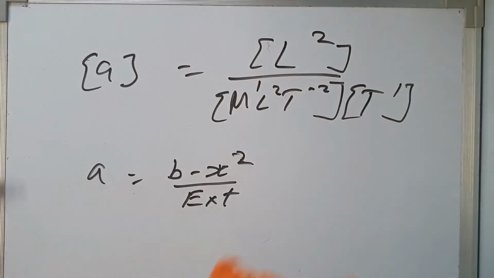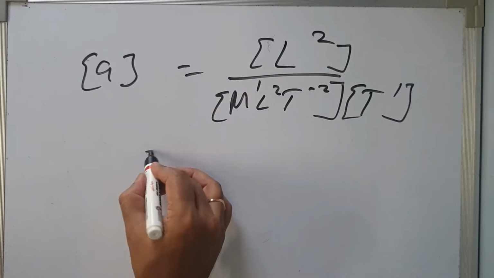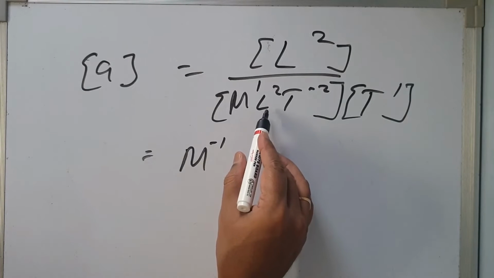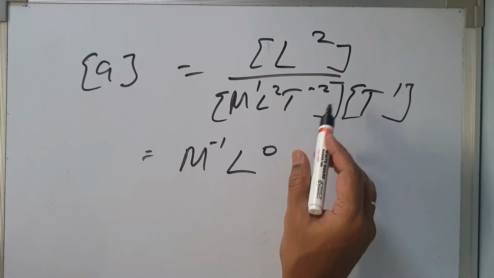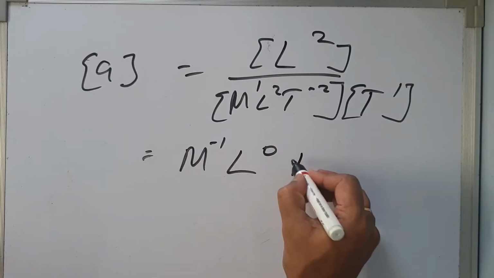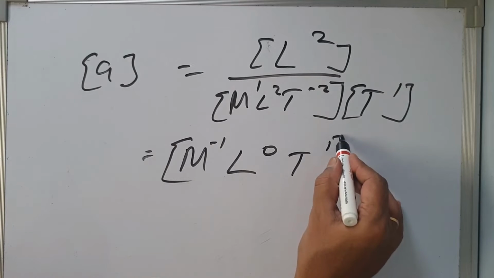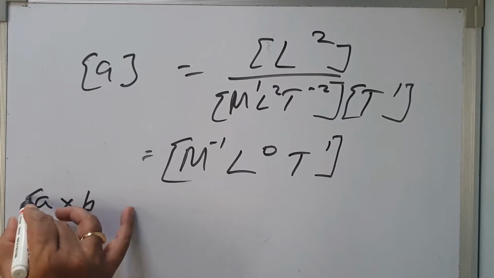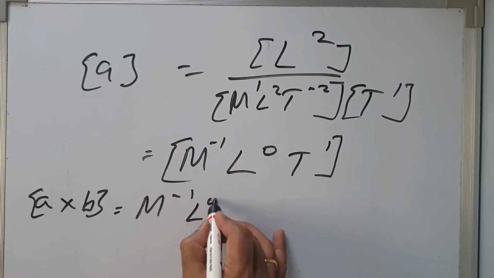So what is A? M minus 1, L0. L squared by L squared. This is going to be T minus 2, and the denominator goes up, it becomes T1. We got the dimensional formula of A. Now we want that of A into B. M minus 1 L0 T1.